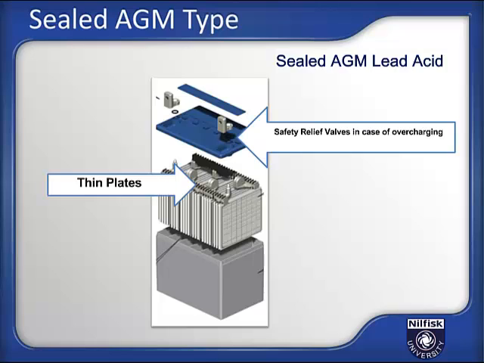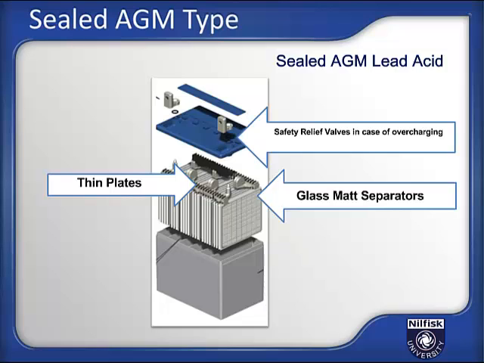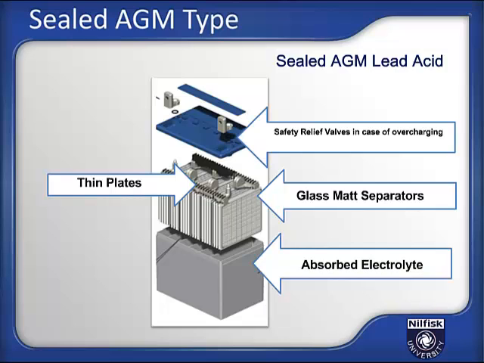The next item you'll find in a sealed AGM lead acid battery is typically a thinner plate technology. The glass mat separators are a diaper-like material that's fit between the plates, and it's the combination of these glass mat separators and the electrolyte that's absorbed into them that gives the product its name. So AGM stands for absorbed glass mat.